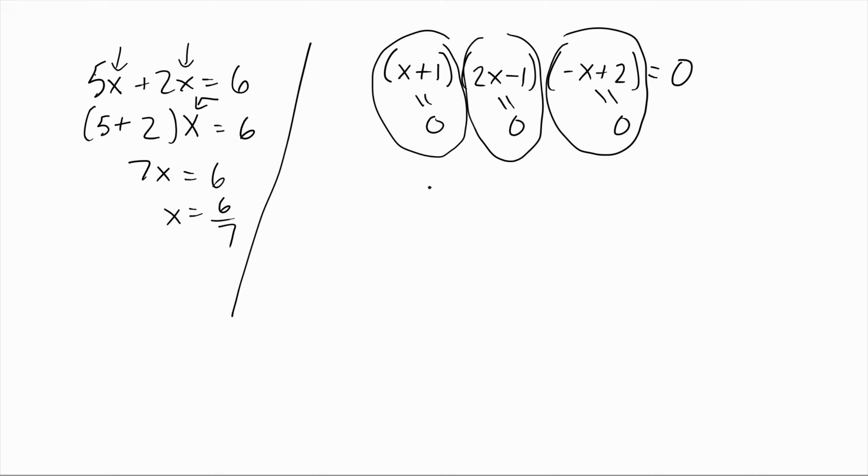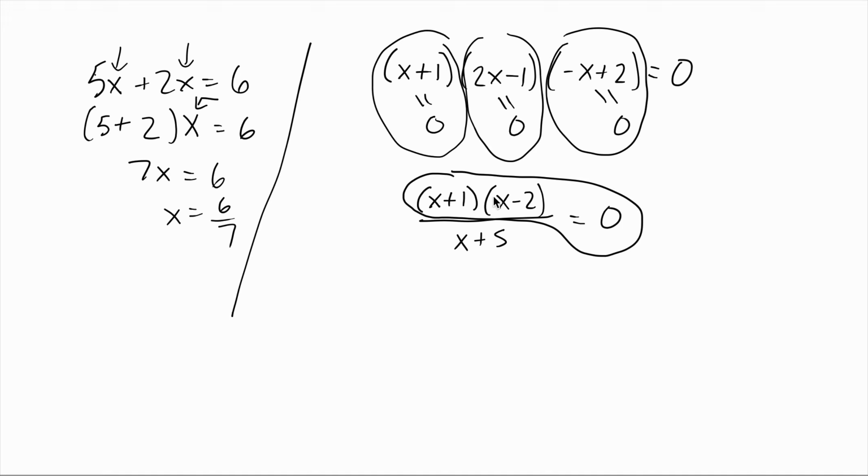Ideally, also, what if you were able to get a fraction like x plus 1, x minus 2, all over something? It doesn't matter what it is, maybe even x plus 5, equal to 0. An equation equal to 0 with a fraction on one side actually reduces to the numerator being equal to 0, because when is a fraction equal to 0?